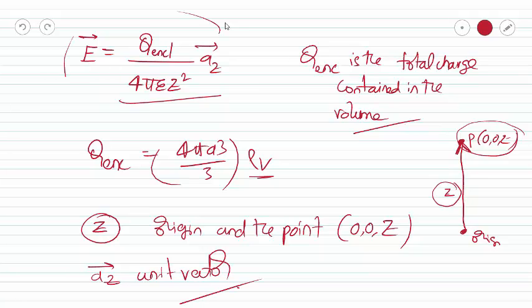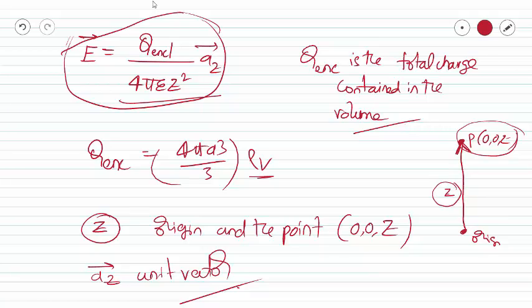So in this expression of electric field intensity due to volume charge distribution, q enclosed is the total charge inside the volume, z is the magnitude of the position vector of the point of interest, and a z bar is the corresponding unit vector of this position vector.